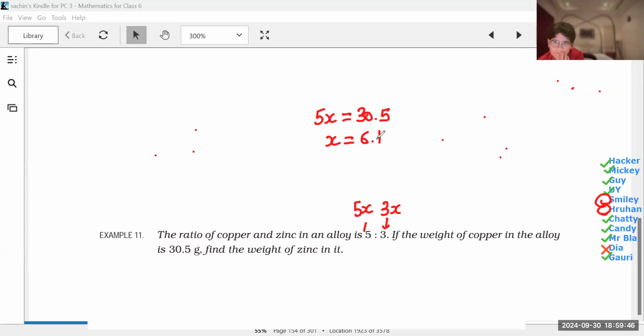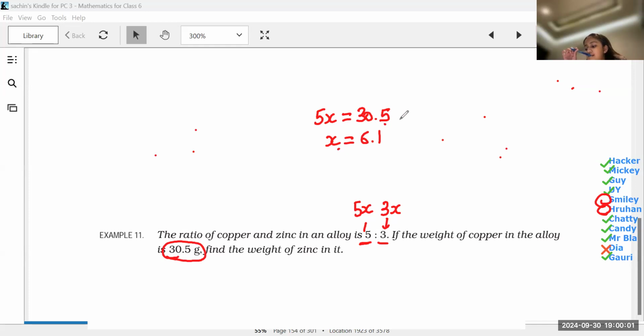Sir, can you explain? See beta, I took 5x and 3x. This you understood? Yes, sir. Now 5x value you are already given because copper is 5x. So 5x is 30.5, so x will be equal to 30.5 divided by 5, that is 6.1.